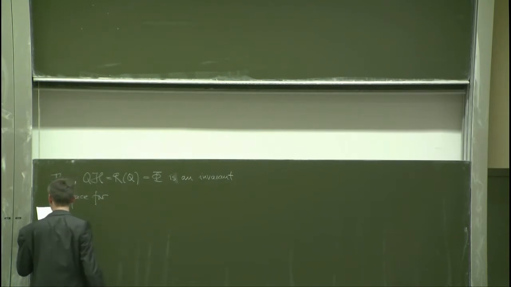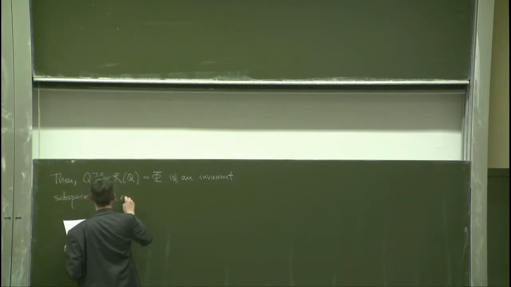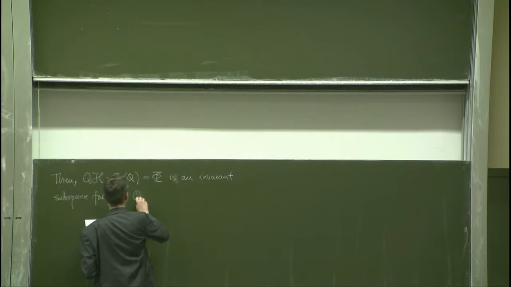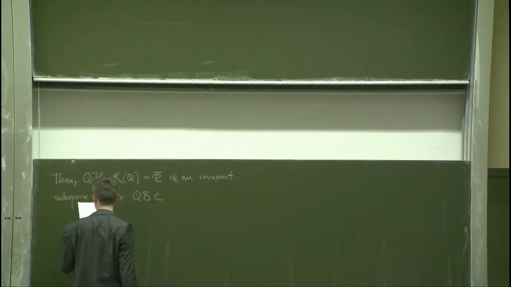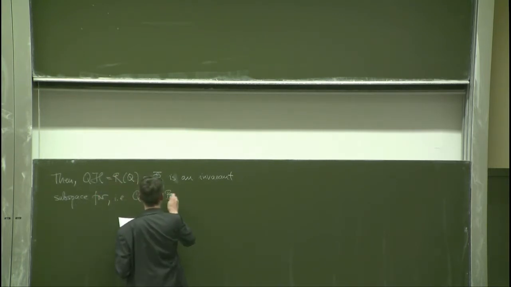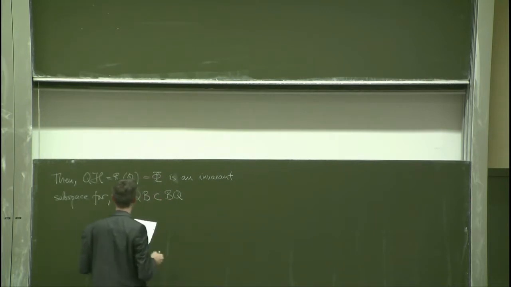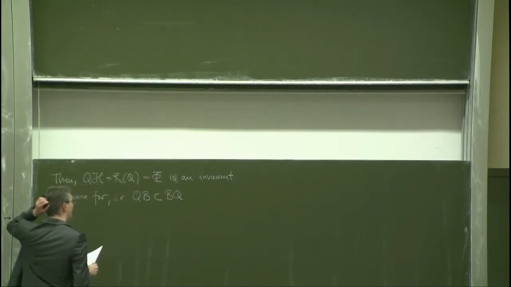This is an invariant subspace for B, meaning that QB is extended by BQ. Yeah, why is this the case?